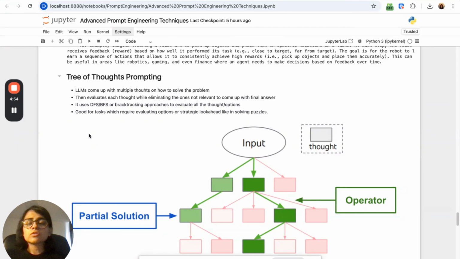So now moving on to the tree of thoughts prompting technique. It is a very interesting technique, and how it works is very similar to how we humans brainstorm or evaluate options. I'll give an analogy in order to understand this properly. If I'm sitting in a system design interview and someone asks me, what database would you consider for designing a system which has a lot of analytics data?